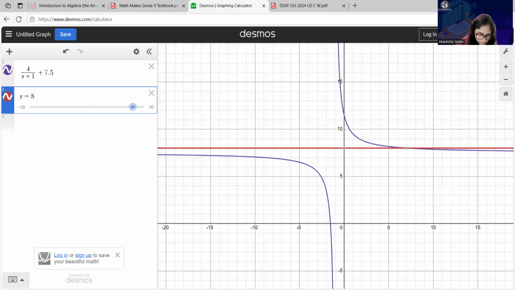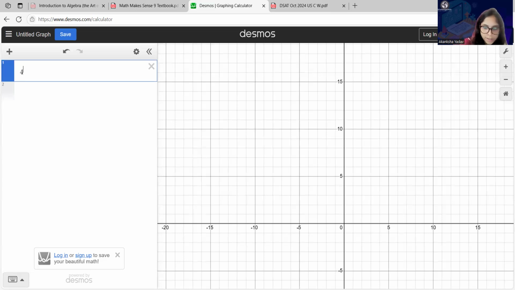What about exponential? Same thing in exponentials. For example, you have 4 to the power x minus 3 is equal to, let's say, 13. So even now we cannot see the point. So what you have to do, you have to put them in two different lines.